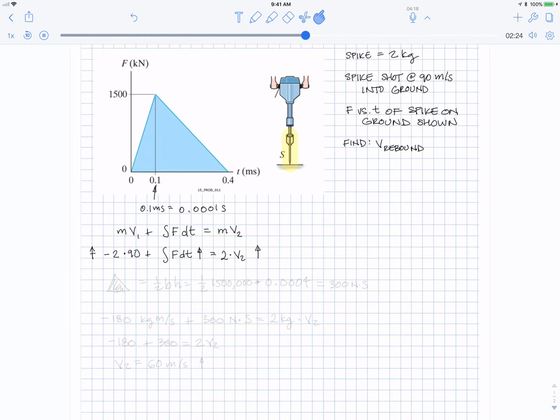Okay, so the integral of F dt is just the area under the force versus time curve. So I'm not going to get the equations and do the integral, I'm just going to get the area under the force versus time. So the area of this triangle is just 1/2 base times height. So I'm going to change everything to newtons and seconds.